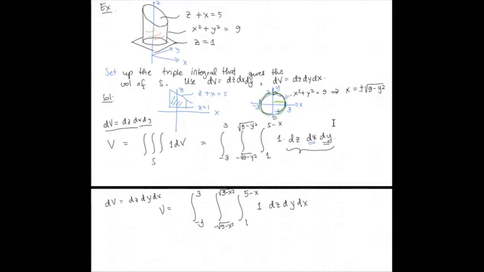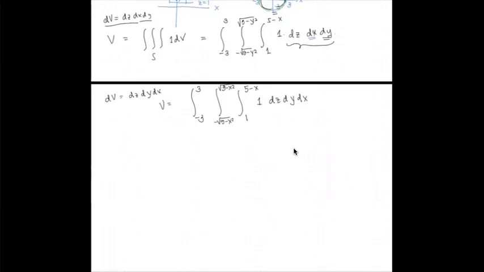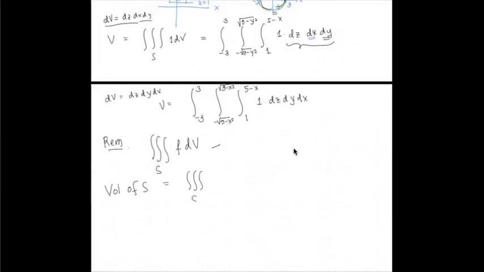The triple integral, okay. May question dito. Bakit 1 dV? This is a remark from earlier: if you get the triple integral, we have f dV. This is the ordinary triple integral. But if you are asked for the volume of our S, the volume of S is just the triple integral over the solid S of 1 dV.